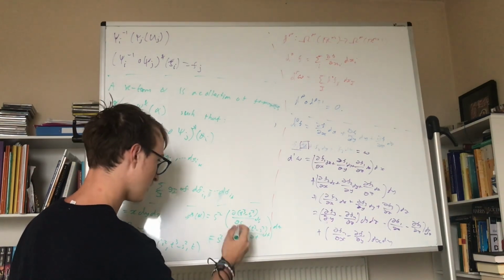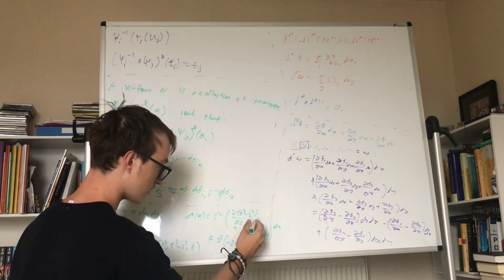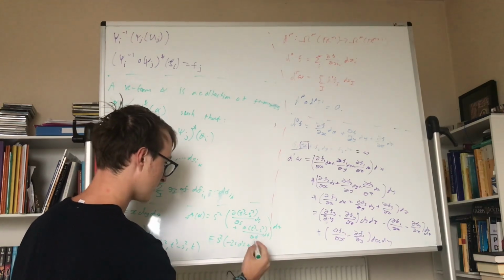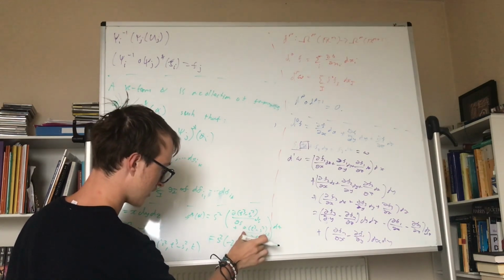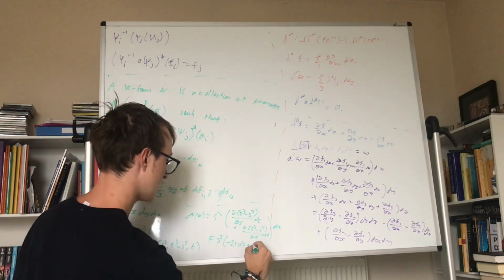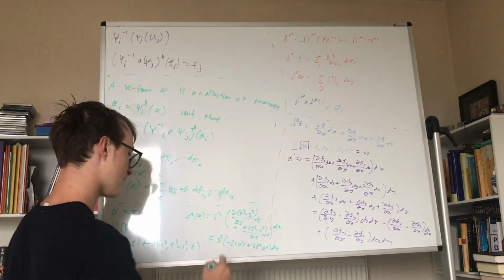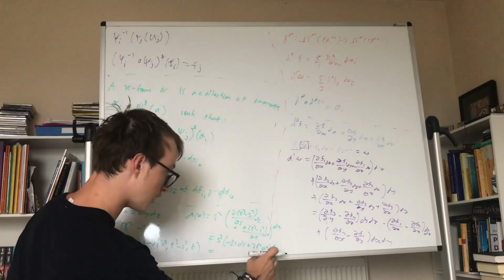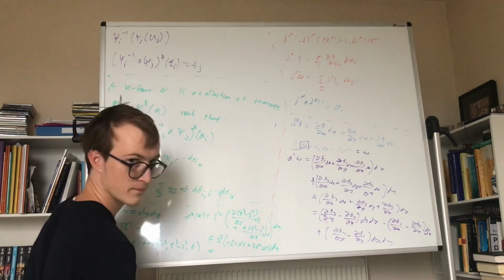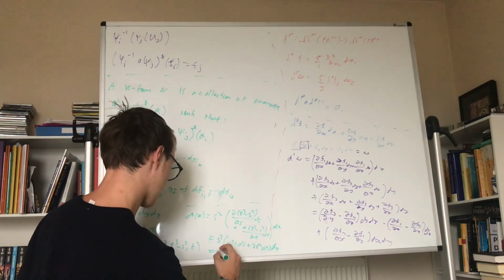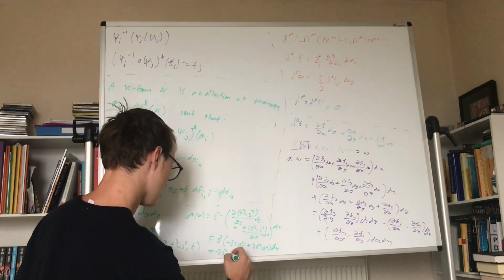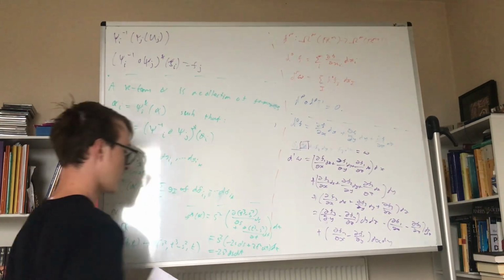So we have s squared times negative 2s ds plus 3t squared dt, times dt. These two dt's make 0, so we just get negative 2s cubed ds dt.